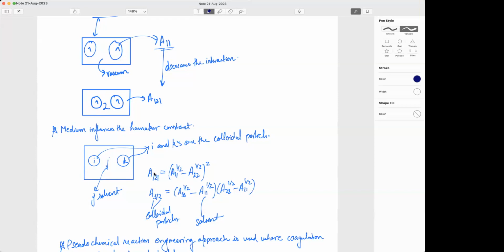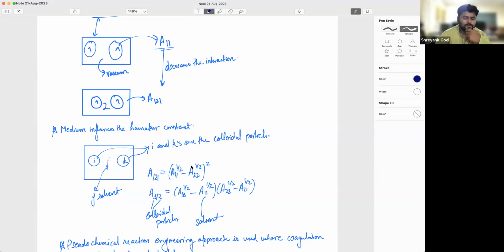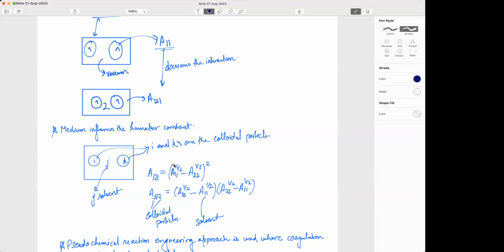Okay, but I didn't understand what the determination is. The question is asking me for the effective Hamaker constant, right? Yes, that is the effective Hamaker constant. Can you scroll a little bit lower?